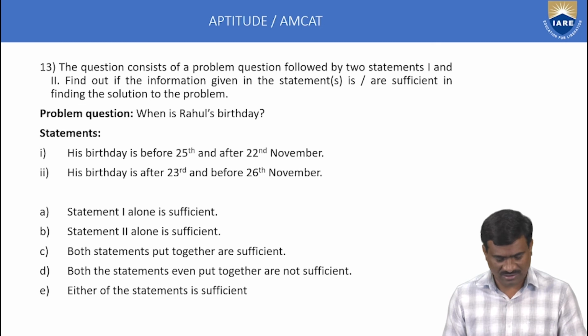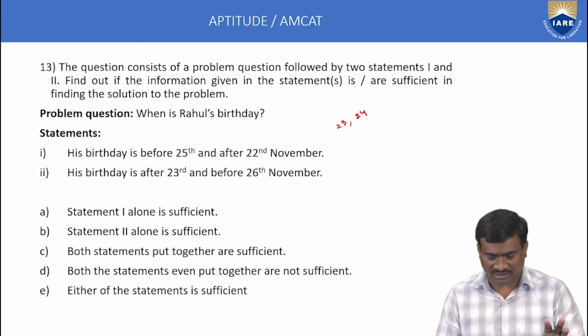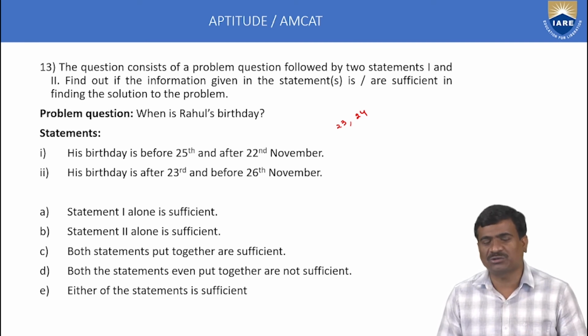Method. Statement 1: after 22nd means 23 possible and 24 possible. After 22nd, before 25th, 2 dates possible, 23 and 24. In data sufficiency, consider only the exact value, not possibility values. Statement 1 implies that Rahul's birthday is 23 or 24, 2 dates possible.